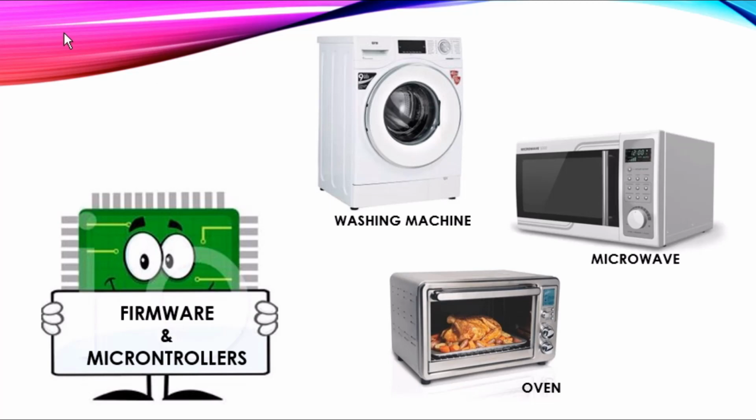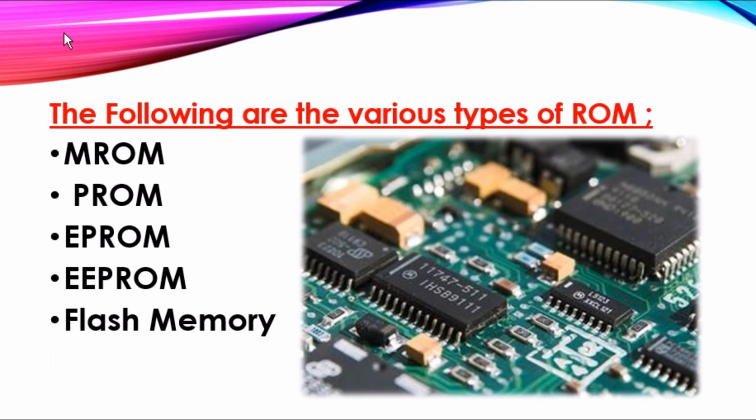Now, like the RAM, the ROM also comes in various classes or types. We have 5 types of the ROM, namely the MROM, the PROM, the EPROM, the EEPROM, and the flash memory. Let us go through each of these types and discover how they work to achieve their tasks.